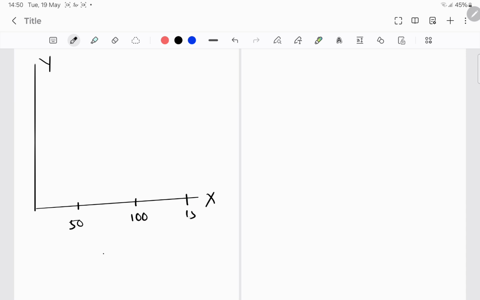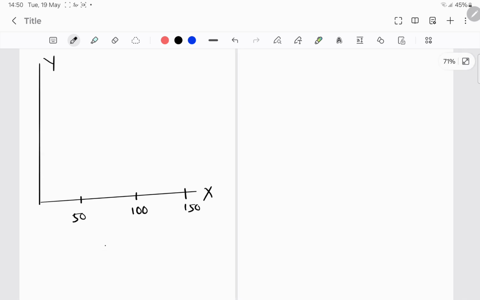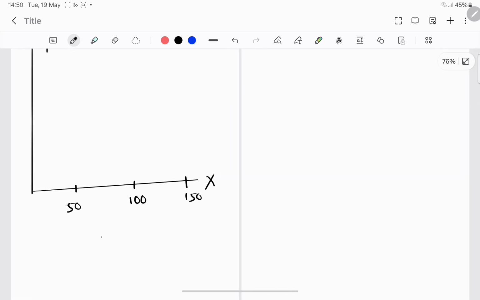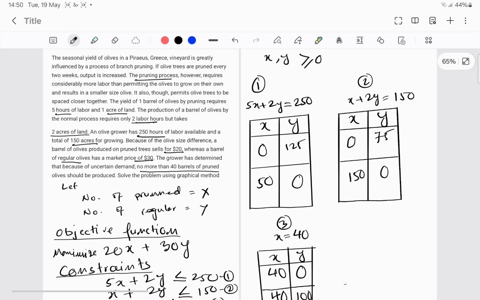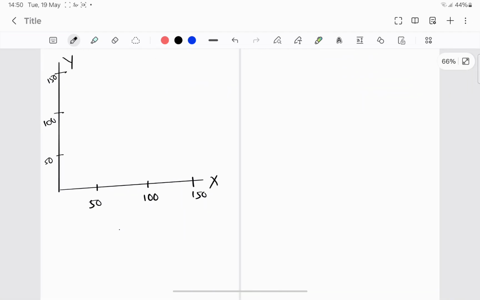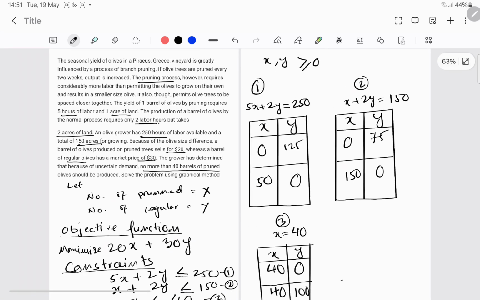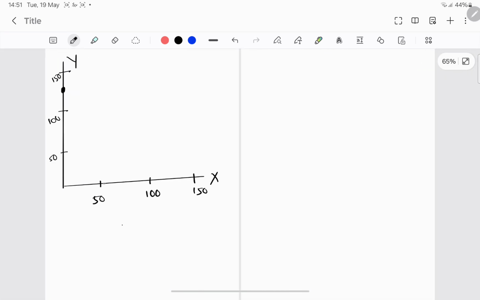I will measure in the same way for the y-axis: 50, 100 and 150. Now the first coordinate, 0, 125, that means x is 0, y is 125, so 125 in here. Then we have 50, 0. When x is 50, y is 0.